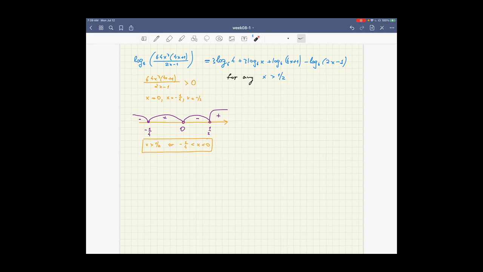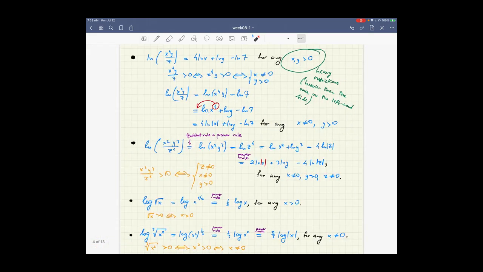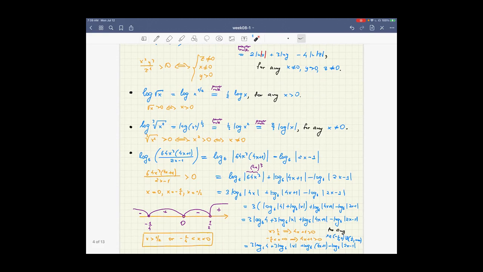So the answer depends on what is meant. If you want to keep the same restrictions on the variables as the left-hand side prescribes, you have to give this answer.